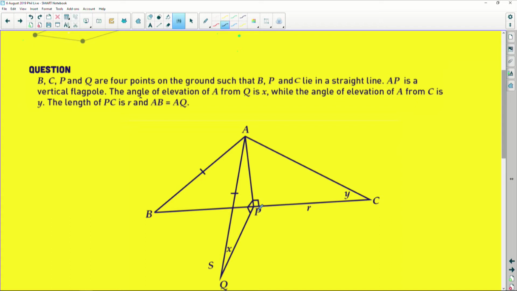The angle of elevation of A from Q is X, while the angle of elevation of A from C is Y. The length of PC is R, and AB is equal to AQ as indicated on the diagram.